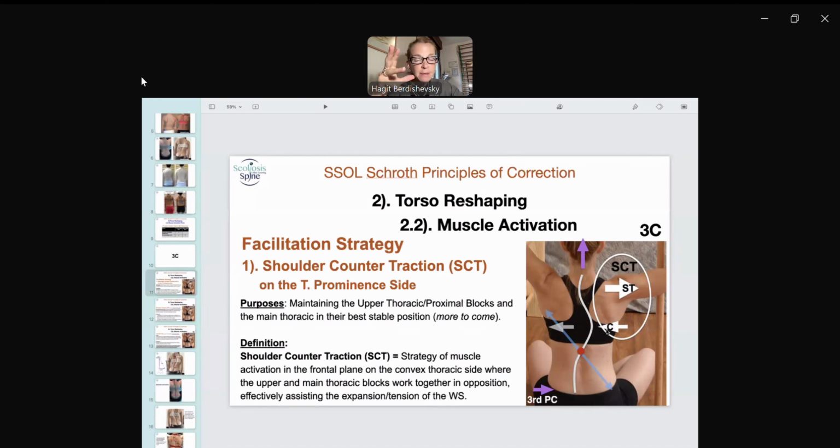In the past, I want to say maybe two decades ago, or in the days of Katharina and Christa Schroth, there was more emphasis on working from the prominences, meaning to tell the patient to contract the prominence either forward or from outside towards the middle.